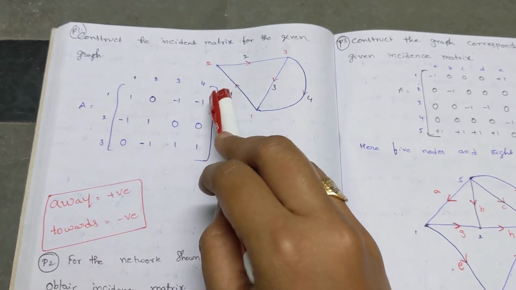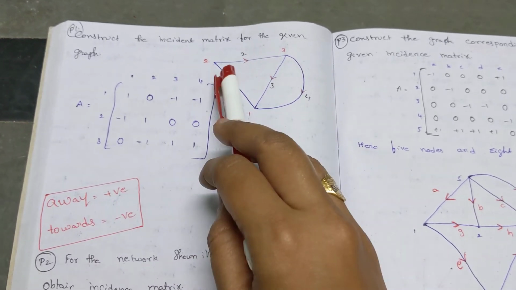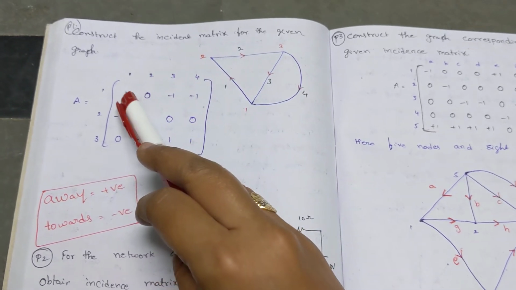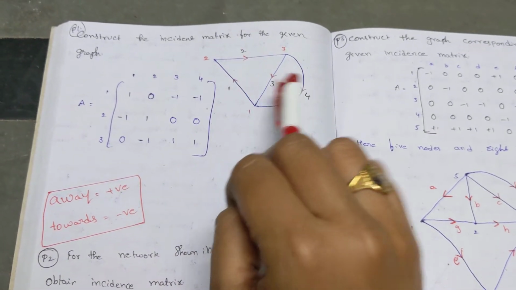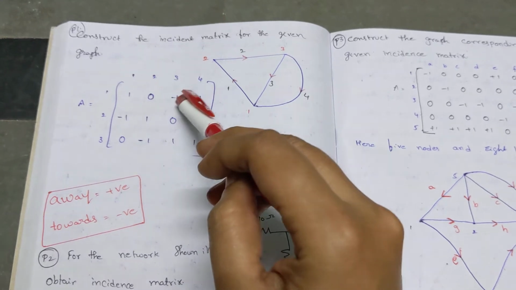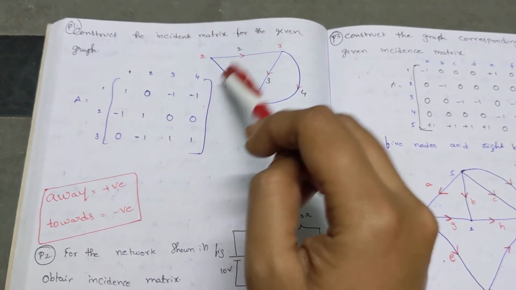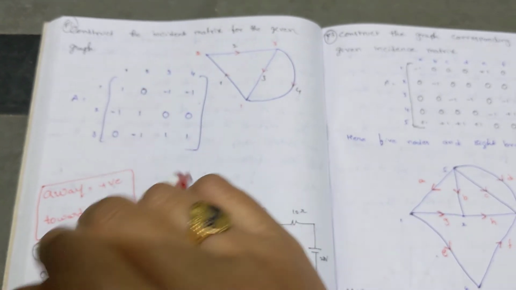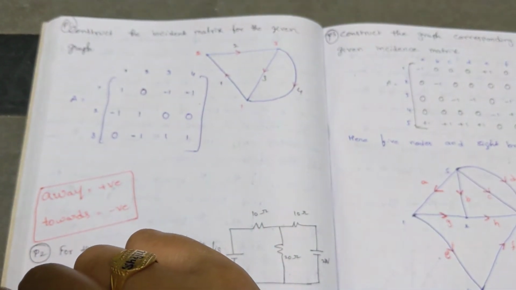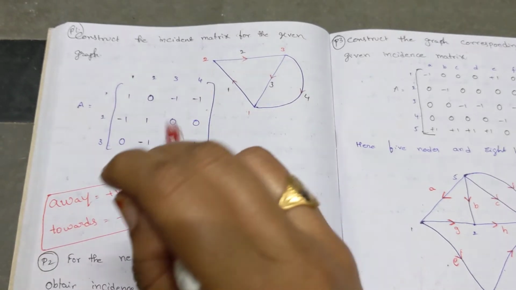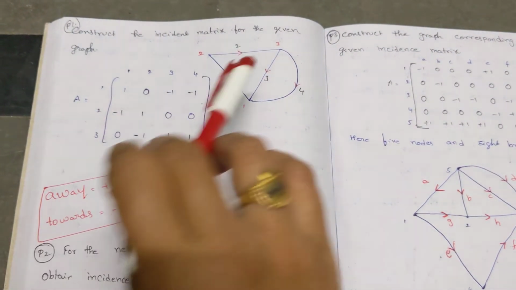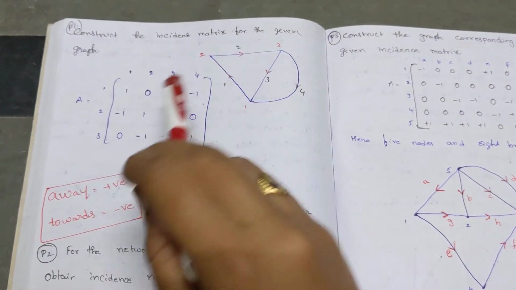Branch 1 is oriented away from the node, so it is considered as positive. Whatever 3 and 4 are towards your node, we are considering as minus 1. And branch 2 is nowhere related to node 1, so we simply consider it as 0. Likewise, we have written for node 2 and node 3 also.